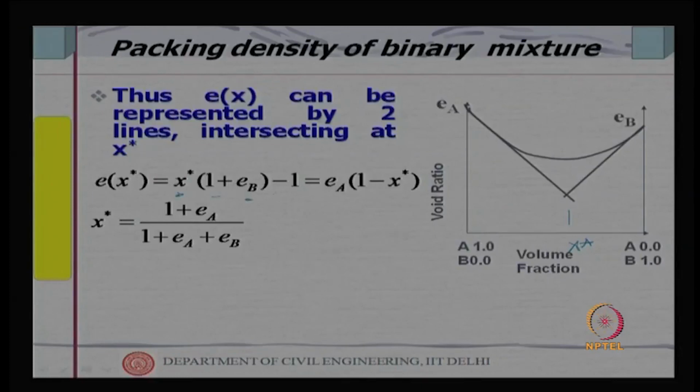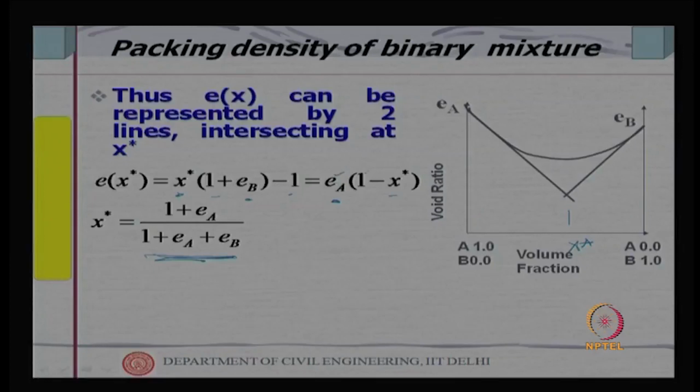x star times (1 plus E b) minus 1, and that must equal E a times (1 minus x star), because x is the same for both. From this you can eliminate and get an expression for x star. You bring the terms to one side, and the coefficient of x star will be 1 plus E a plus E b, and the remaining term is independent of x star, so it goes to the other side.